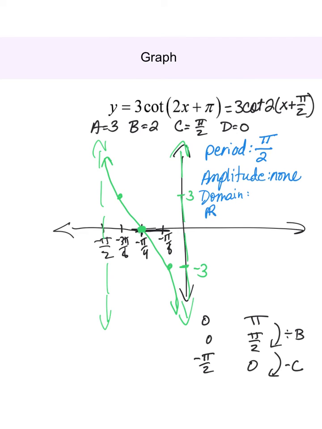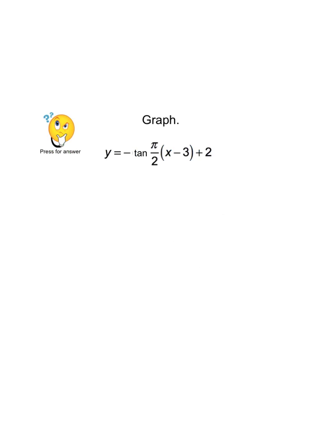So it's going to be all reals where x is not equal to an asymptote. I have my first non-negative asymptote at 0 plus the period times k. So x is not equal to 0 plus k times my period, k pi over 2. Then the range is negative infinity to infinity.